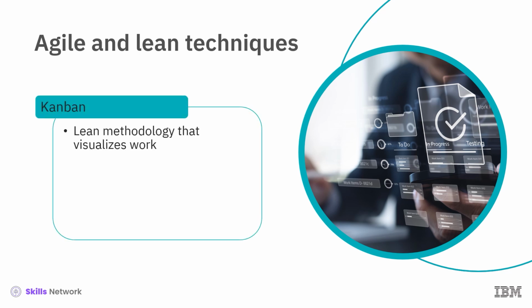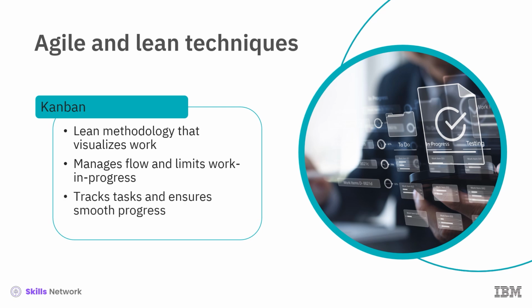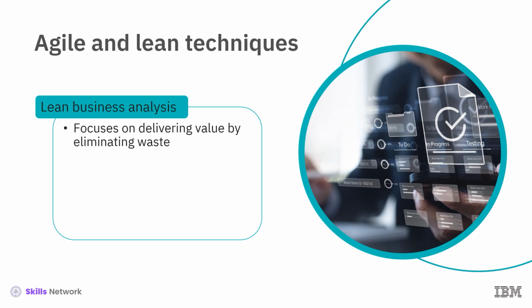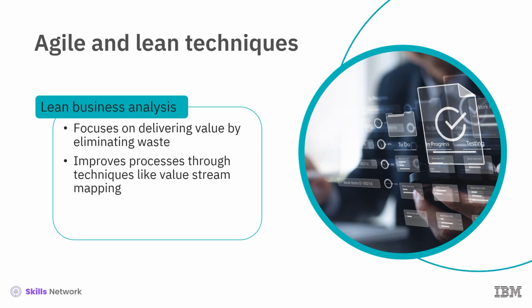Kanban is a lean methodology that visualizes work, manages flow, and limits work in progress, using Kanban boards to track tasks and ensure smooth progress. Lastly, lean business analysis focuses on delivering value by eliminating waste and improving processes, employing techniques like value stream mapping to identify inefficiencies and optimize workflows.